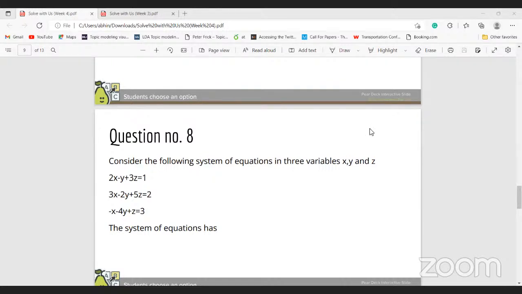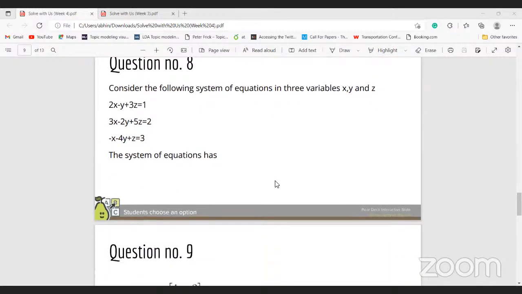If your rank and the number of elements in B is the same, then the solution is unique. If your rank is less than the number of equations, you have infinite solutions. And if there is the opposite case, then there is no solution.